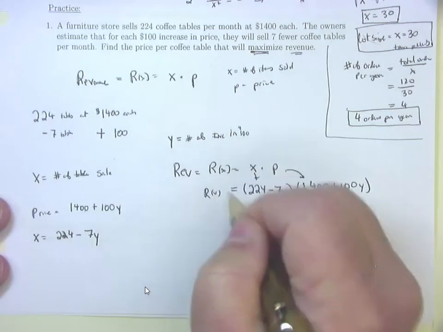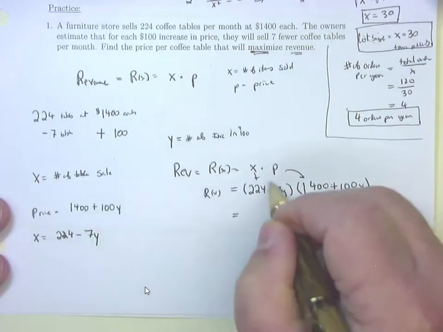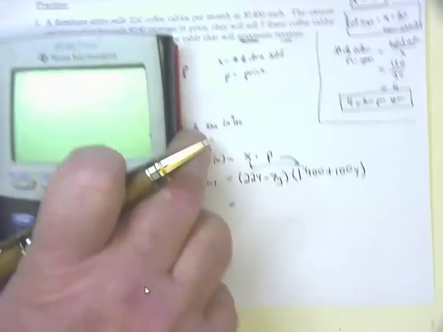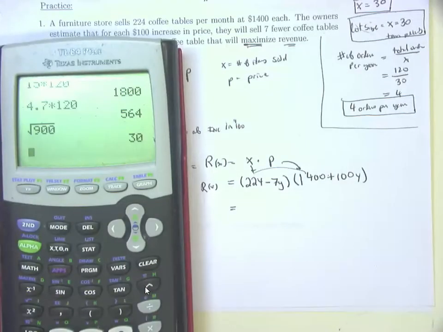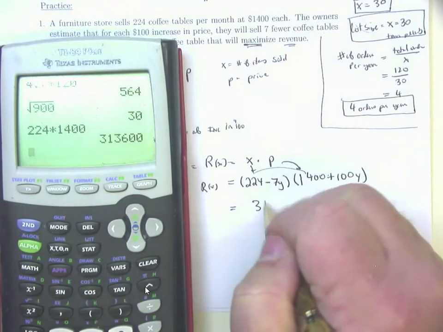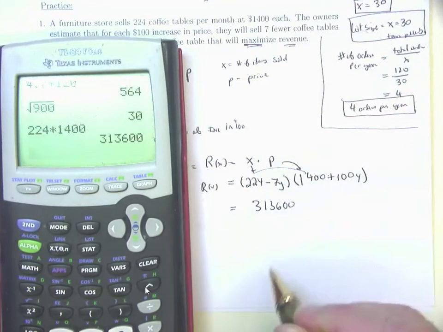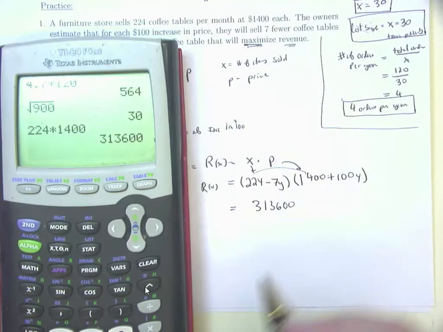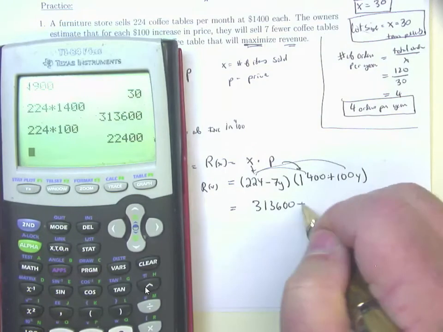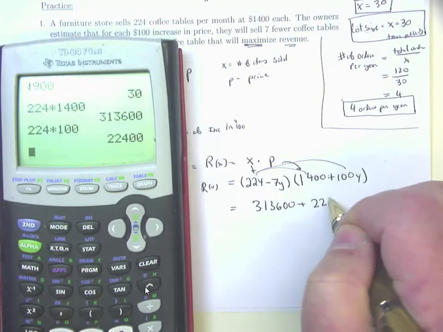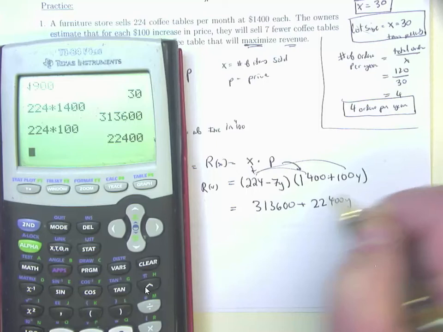So if I clean this up, let me do this very quickly and then I'll let you guys go. 224 times 1,400 is 313,600. Pulling it out, 224 times 100 is plus 22,400Y.